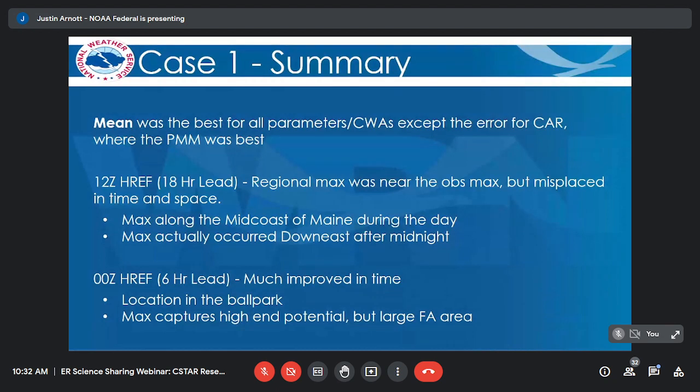We did not show it here, but the max was actually along the mid coast of Maine during the day. So in this case, this is a nocturnal event. So the max was misplaced, not just spatially, but also temporally.